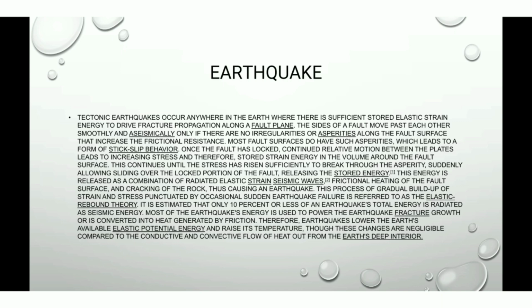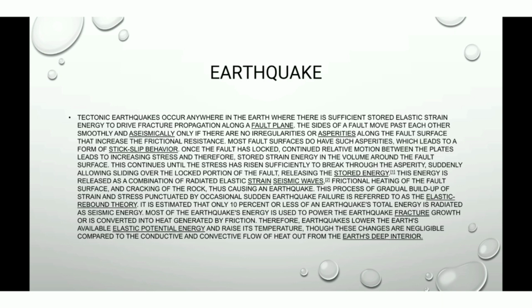This process of gradual build-up of strain and stress punctuated by occasional sudden earthquake failure is referred to as the elastic rebound theory. It is estimated that only 10% or less of an earthquake's total energy is radiated as seismic energy.